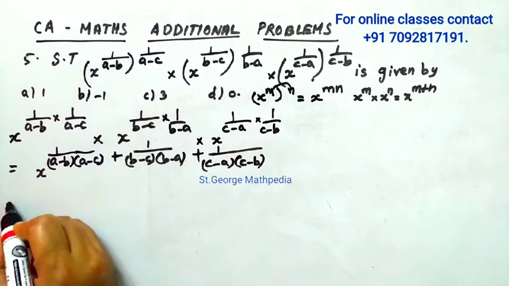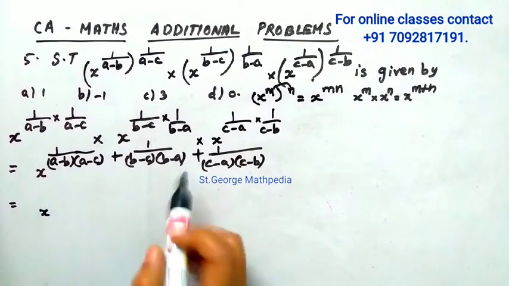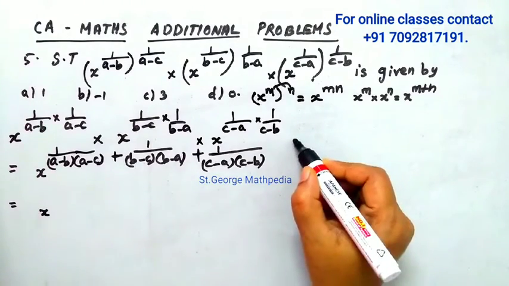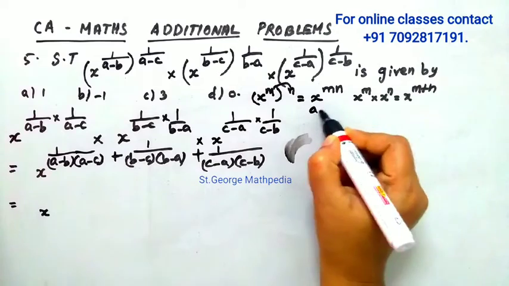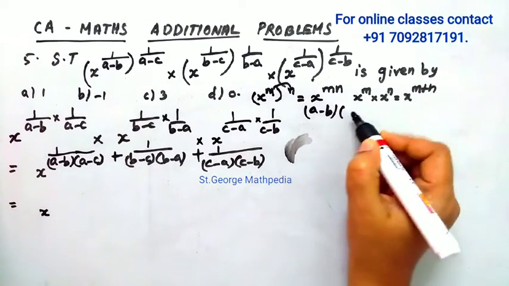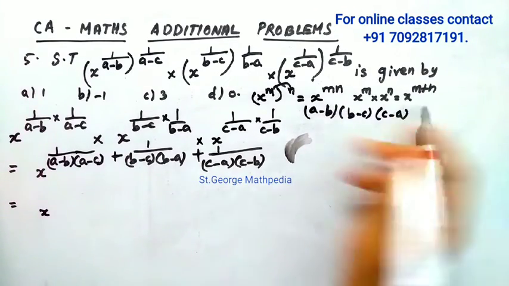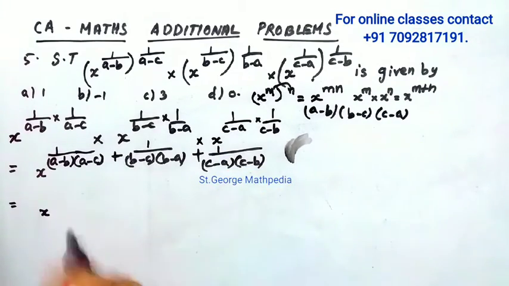Now let us write the terms of the denominators in an order: a minus b, then b minus c and c minus a. So we write the terms in this order.